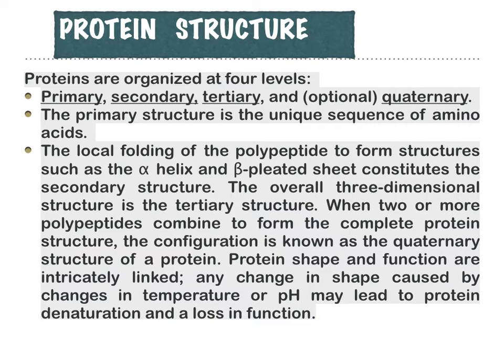When two or more polypeptides combine to form the complete protein structure, the configuration is known as the quaternary structure of a protein. Protein shape and function are intricately linked. Any change in shape caused by changes in temperature or pH may lead to protein denaturation and a loss in function.